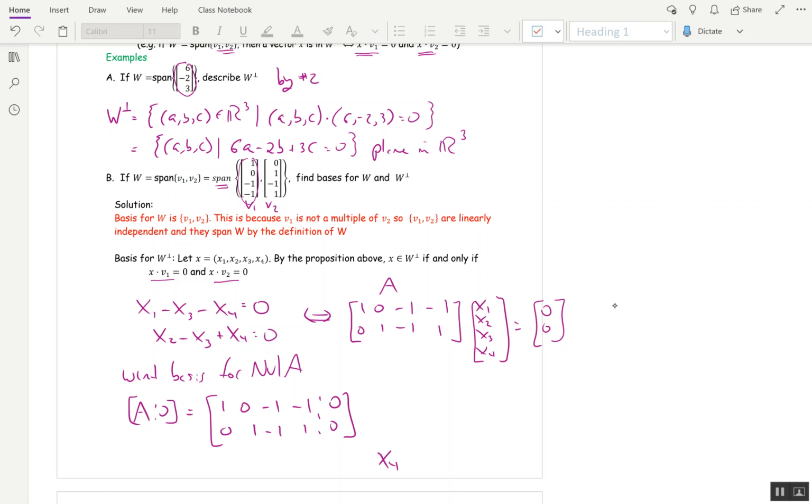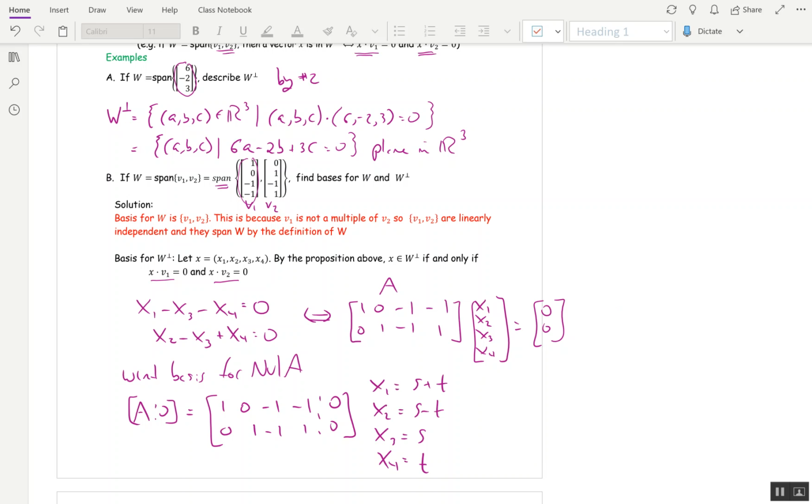Let's start at the bottom with x4. That's a free variable, so we'll call that t. x3 is also free, call it s. x2 is s minus t, and x1 is s plus t.